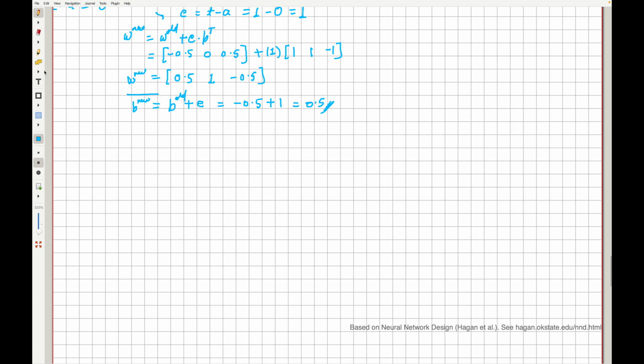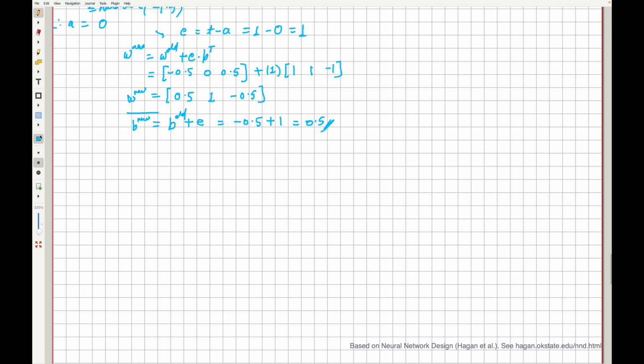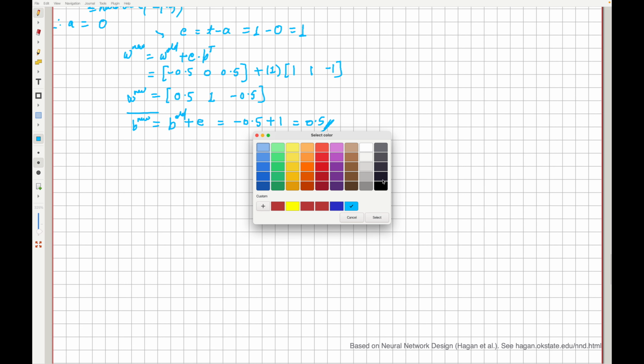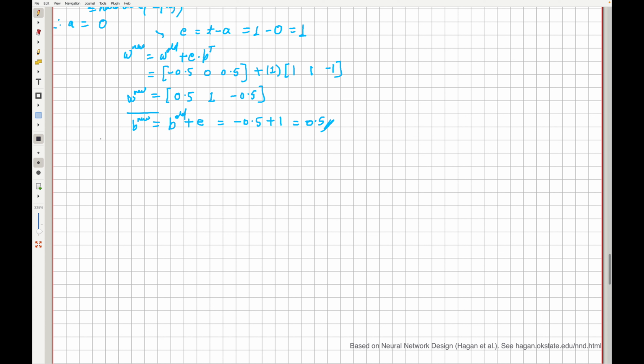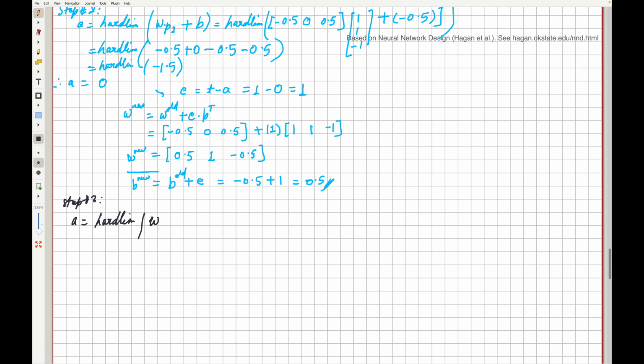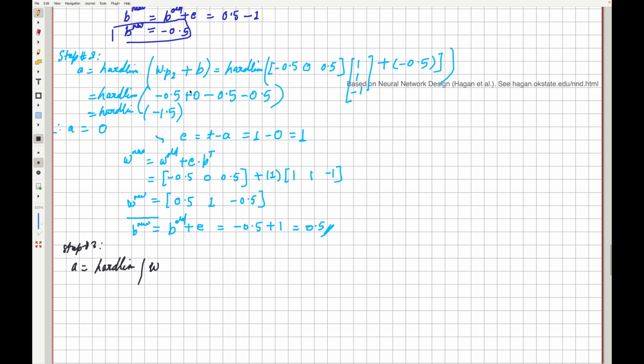Again we move on to the next step, so let's say this is step 3, and in step number 3, we calculate the value of a is equal to hardlim, and again we work through this example. So previously we used p2, so this time we are going to use p1.